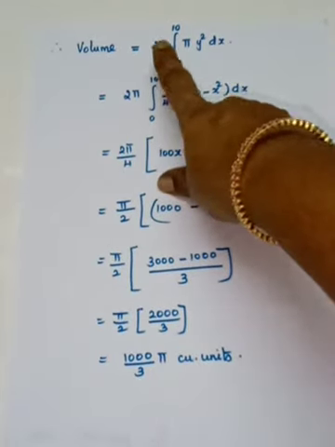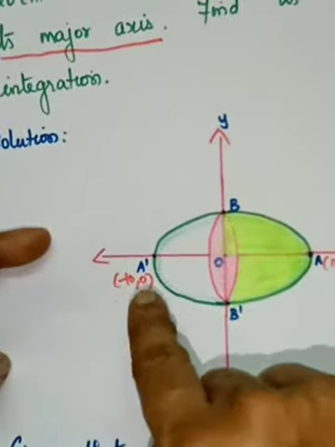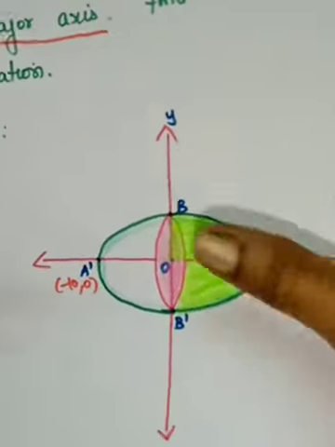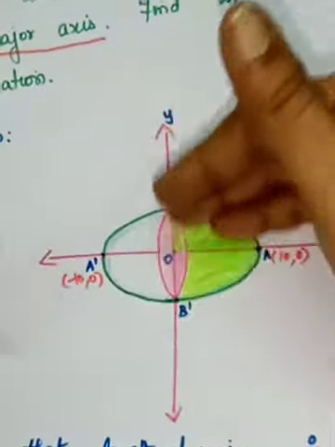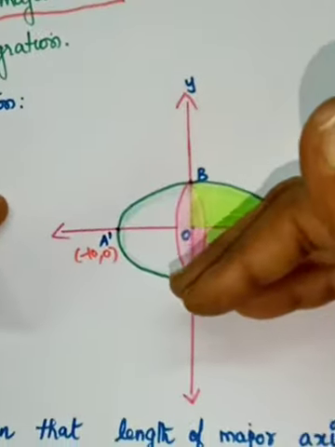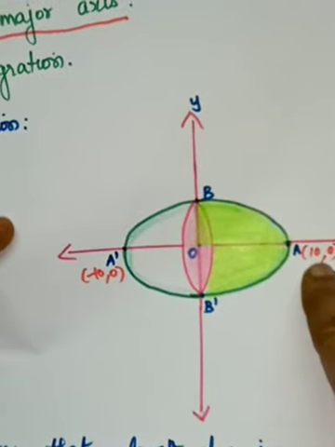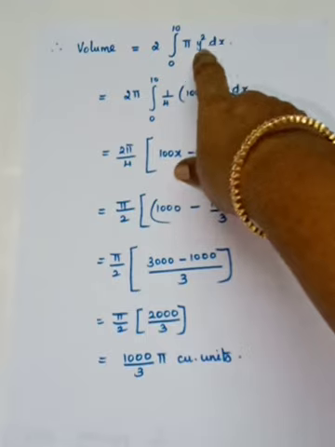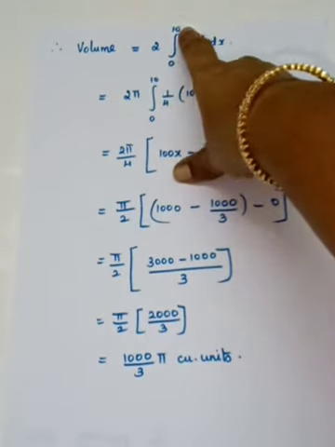Instead of writing 2 into the integral, you can write the integral from minus 10 to plus 10, since the whole part is revolved about the x-axis. Here your y squared is an even function, so this can be written as 2 into the integral from 0 to 10.